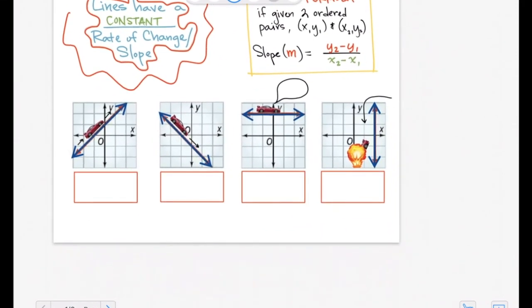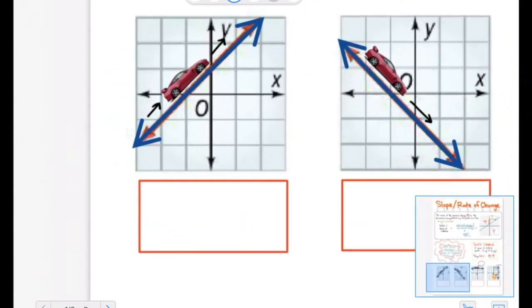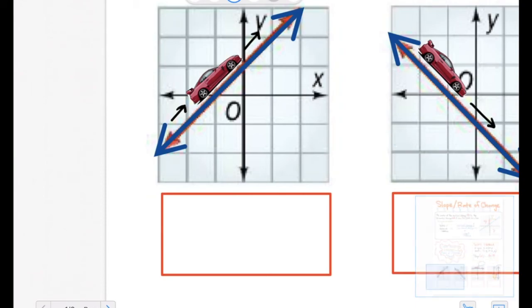Now let's talk specifically about the sign of slope as well as horizontal and vertical lines, because those have kind of a weird slope. So I want you to think about slope in terms of positive and negative by thinking about whether a car driving from left to right is going to be going uphill or downhill. So here we have a car driving from left to right. It's going uphill, and this has a positive slope.